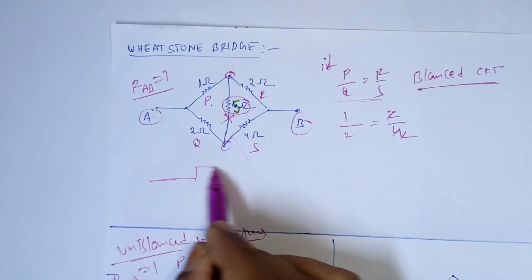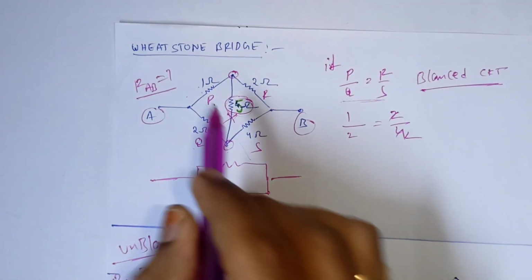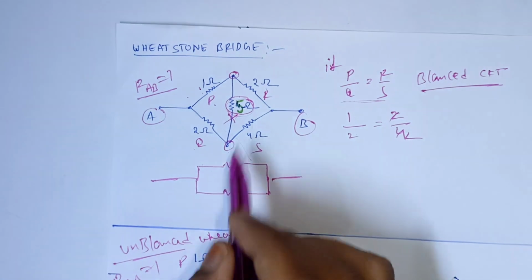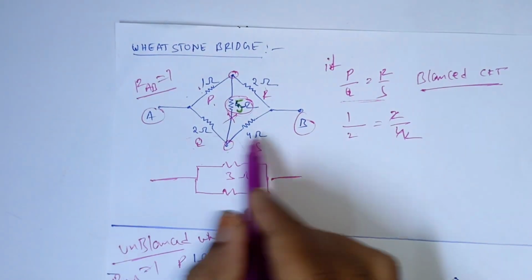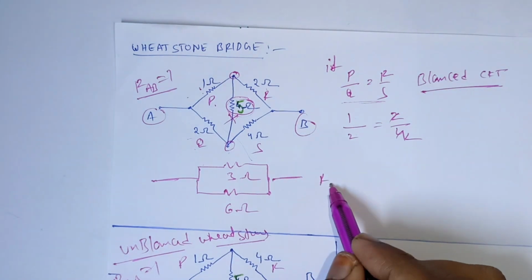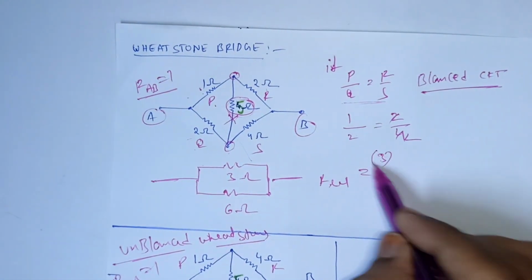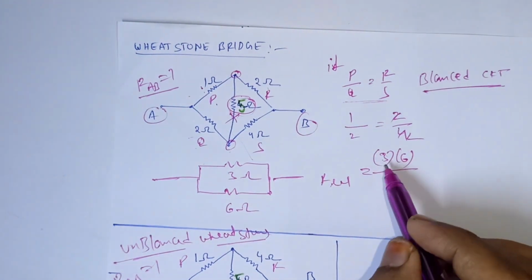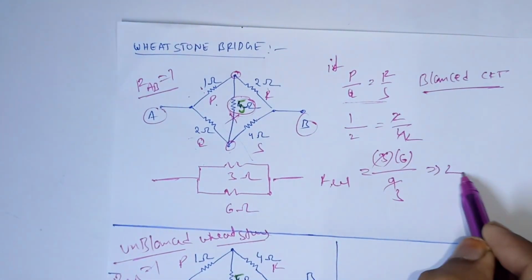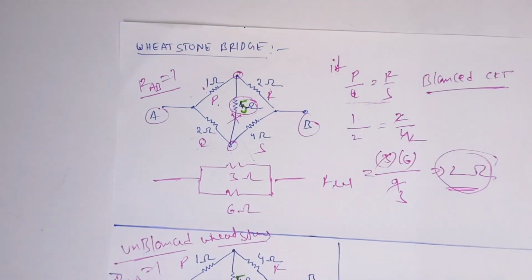The circuit can be redrawn like this after solving. That is 1 plus 2, 3 ohm, 2 plus 4, 6 ohm, and these two are parallel. So the resultant resistance is 3 into 6 by 3 plus 6, 18 by 9. So the equivalent resistance across A and B is 2 ohm.